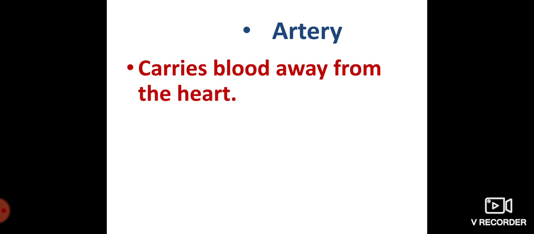Artery is the blood vessel which carries oxygenated blood, oxygen rich blood. It carries oxygen rich blood, or pure blood, from the heart to the different body parts. That is, it is a blood vessel which carries the blood away from the heart to the other parts of the body.